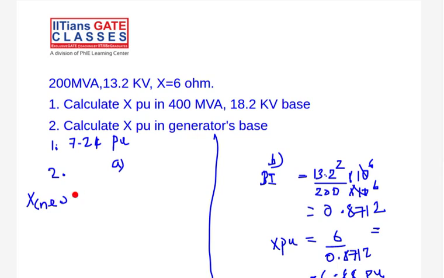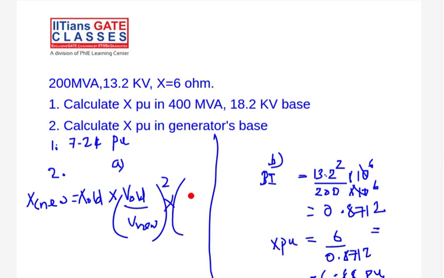X new is equal to X old into V old divided by V new, the whole square, into P new by P old, right? P new by P old.